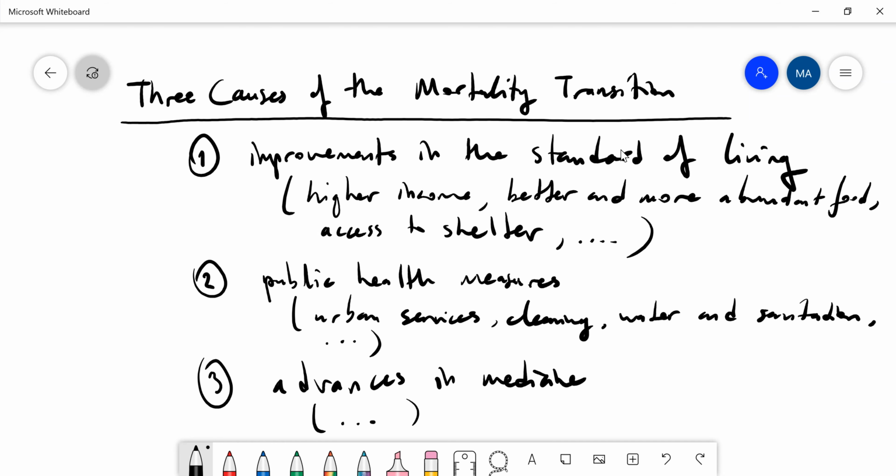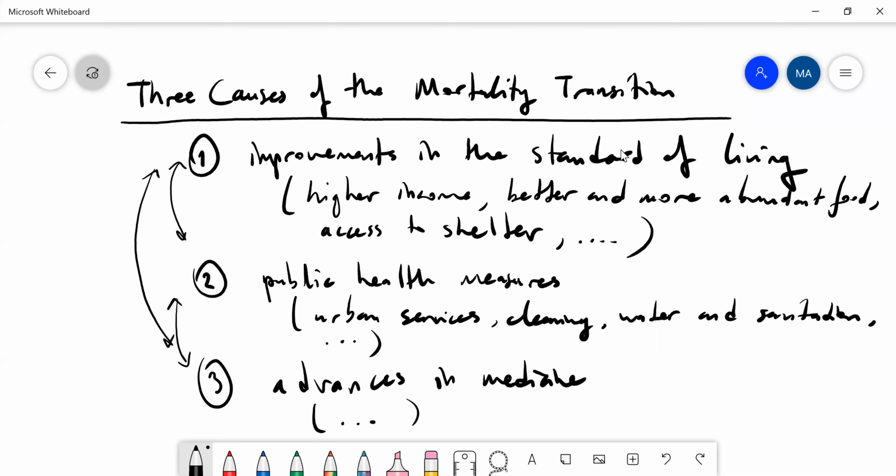explain almost all of the variation in mortality rates in the very long run. Okay, we may associate these with each other as well. So it is possible, right? You get richer, you spend more resources on the health sector and medical research.